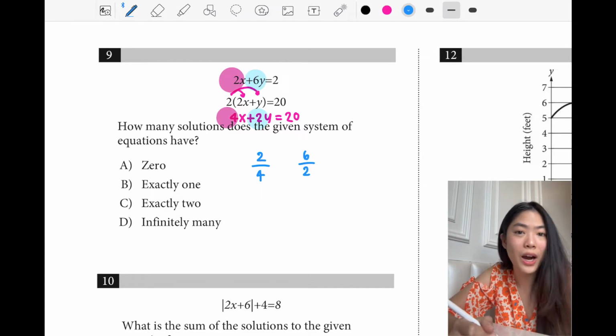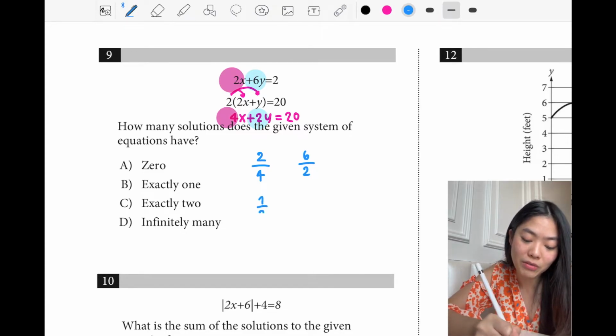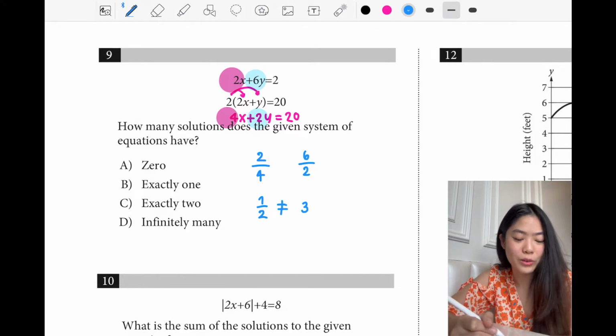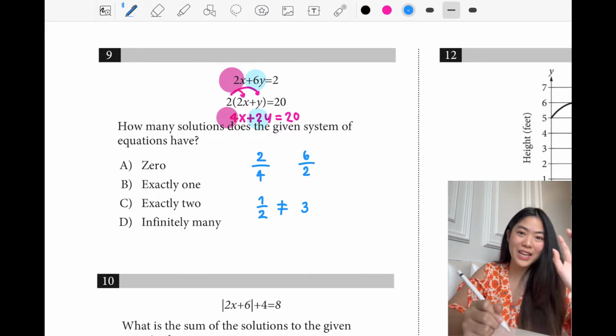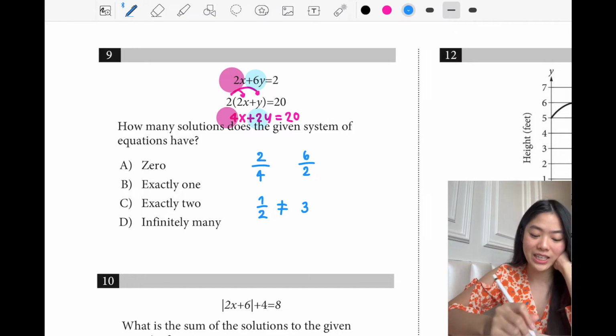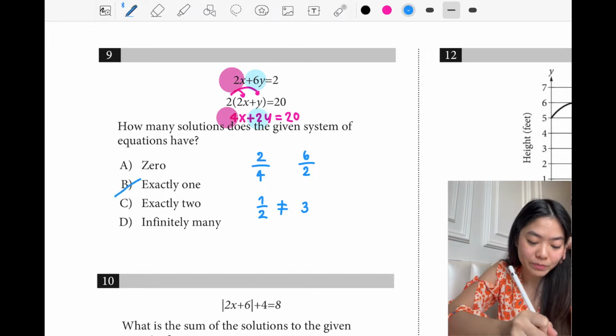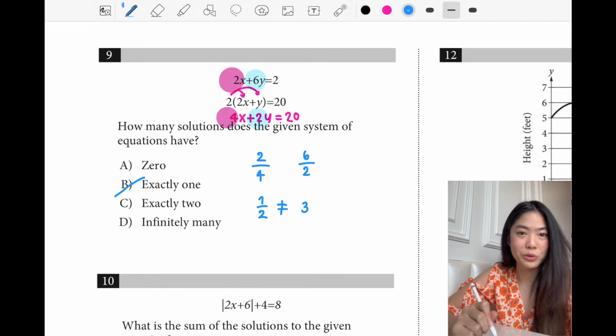When we divide and simplify, it's going to be half and 3, which are two different values. When they are different values, we can interpret that they have different gradients, and there is exactly one solution. So we're going to choose B.